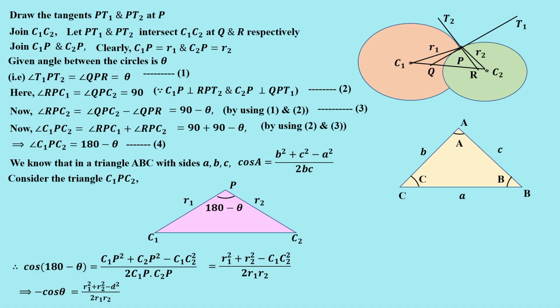So cos(180 minus theta) is minus cos theta, same ratio but the sign will differ. 180 minus theta is in the second quadrant, where only sine is positive, cos is negative. That is why minus cos theta is equal to (R1 square plus R2 square minus d square) by 2 R1 R2. So therefore cos theta, multiplying by minus, you will get (d square minus R1 square minus R2 square) by 2 R1 R2, which is to be proved. Thanks.